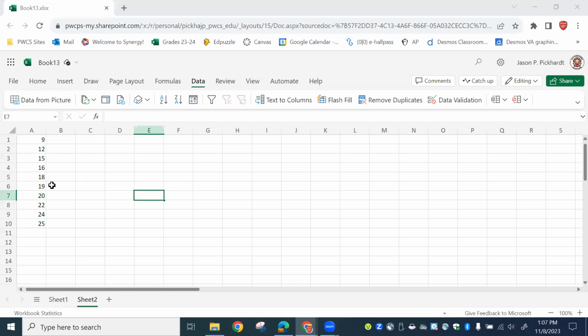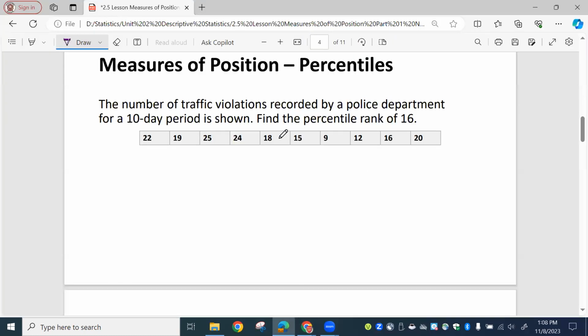So I've put my data into Excel and I've organized it from smallest to biggest. And so I want to find the percentile rank of the 16 traffic violation data point for this 10-day period.